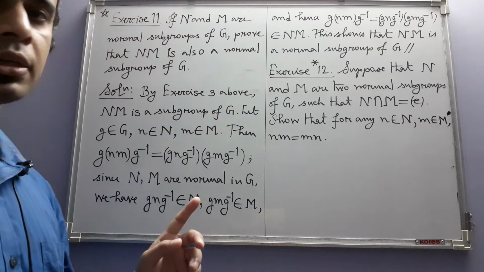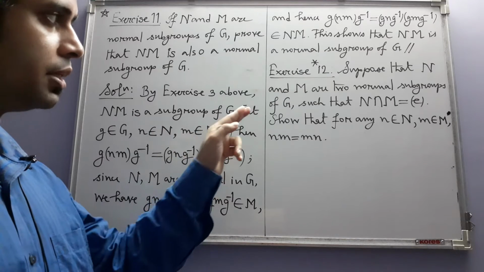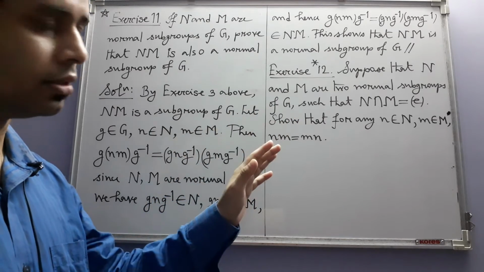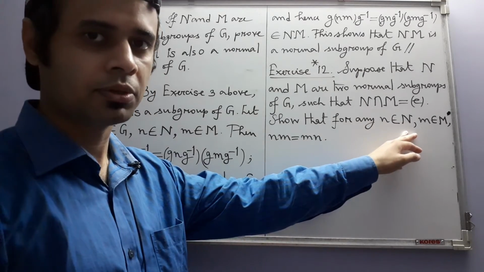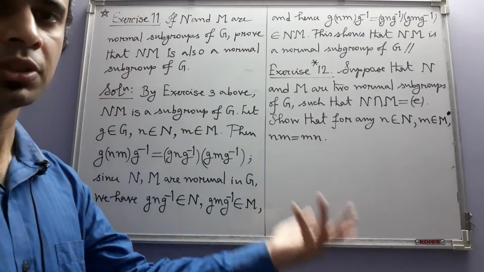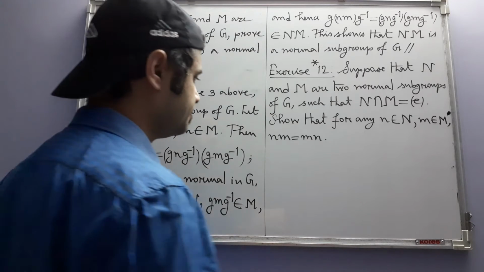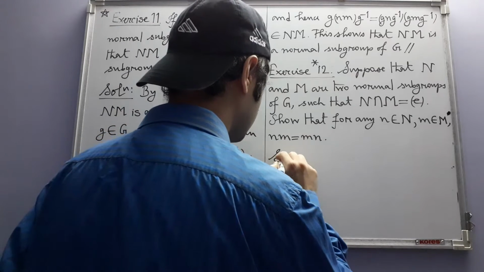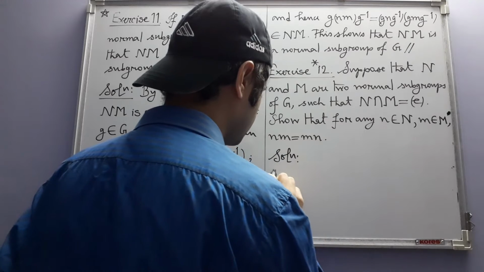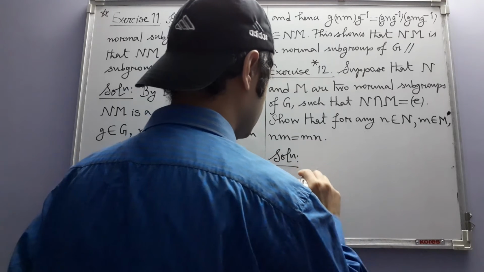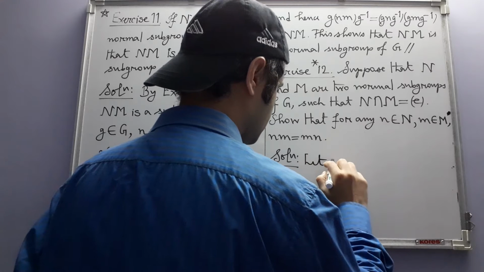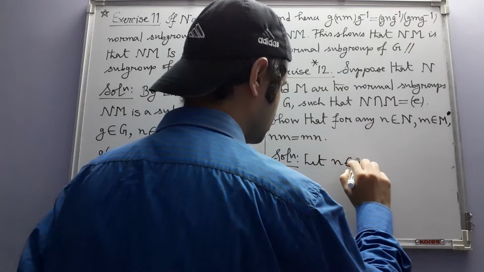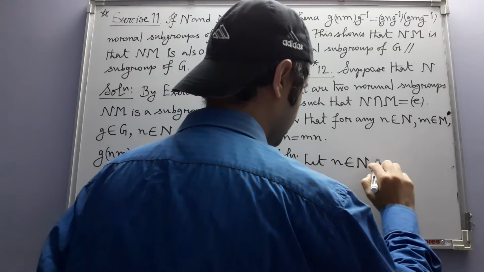That means we are given two normal subgroups which intersect trivially. Then we have to prove that every element of one subgroup commutes with every element of the second subgroup. So we arbitrarily choose elements from N and M.